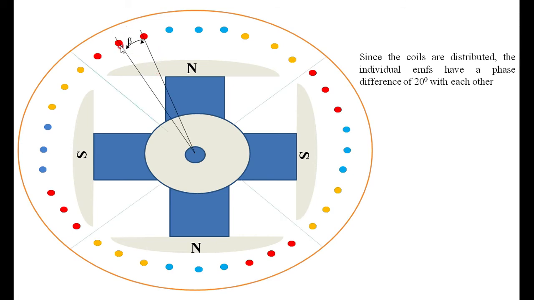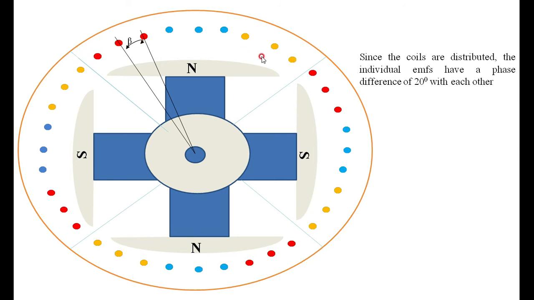The angle between adjacent slots we call beta. How do we find it? For this example, there are 36 slots and 4 poles, so how many slots can you assign to one particular pole? That is 36 divided by 4, so 9 slots are assigned to one pole.